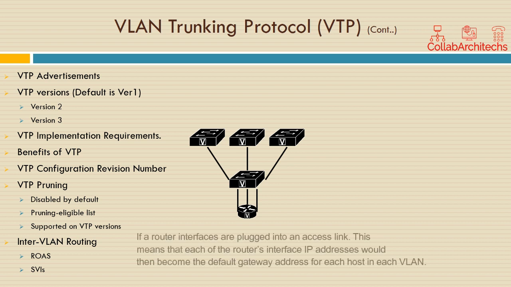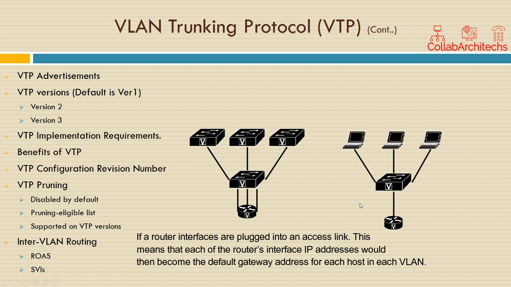If router interfaces are plugged into access links, this means that each of the router interface IP addresses would then become a default gateway address for each host in each VLAN.